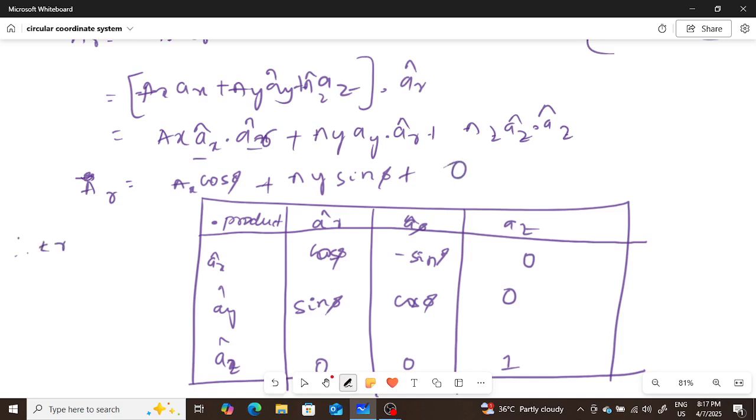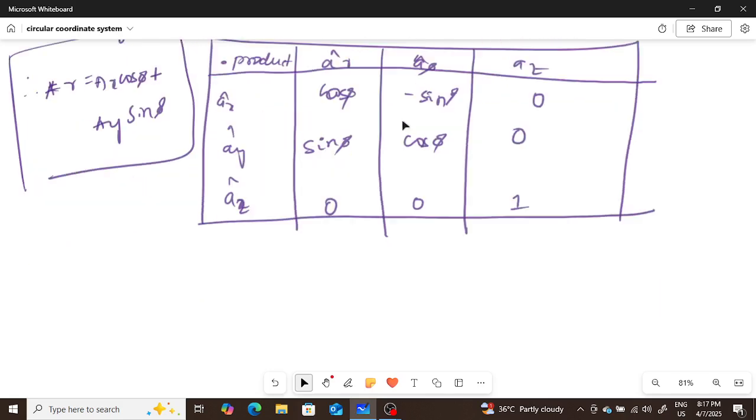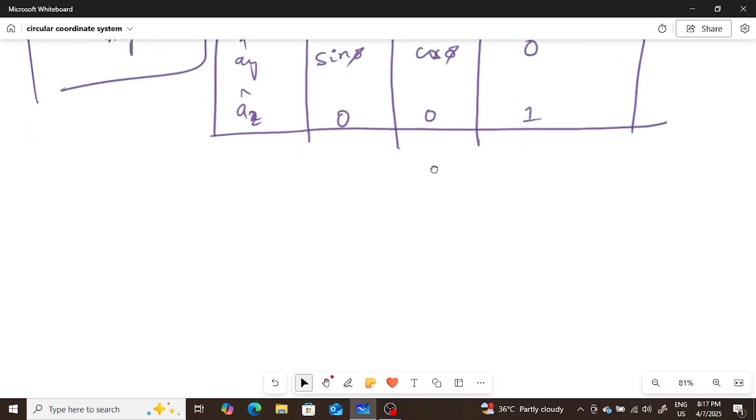Therefore, AR is AX cos phi plus AY sin phi. This is your AR. Similarly, you should convert it for A phi and then AZ. You have to remember this. As and when it is required in a problem, you will understand and you can easily apply.